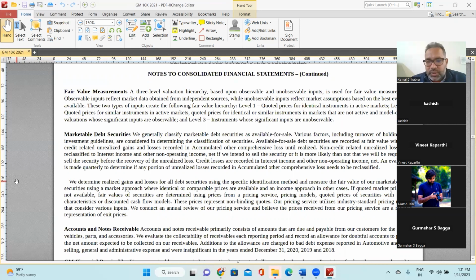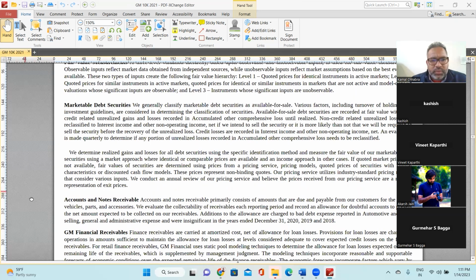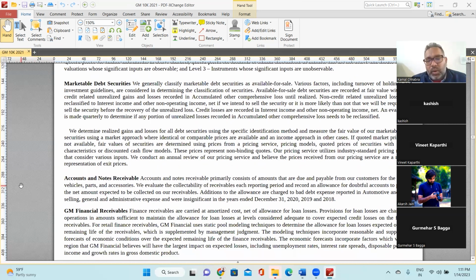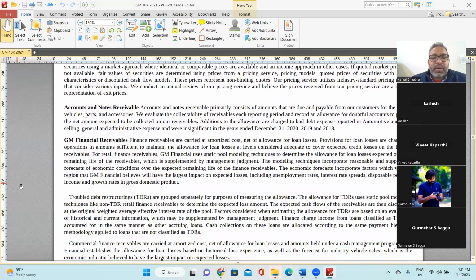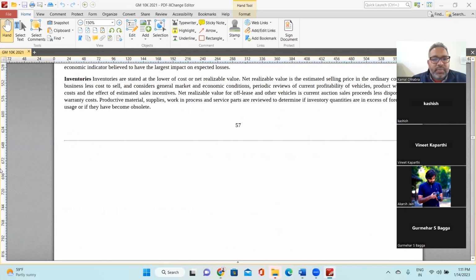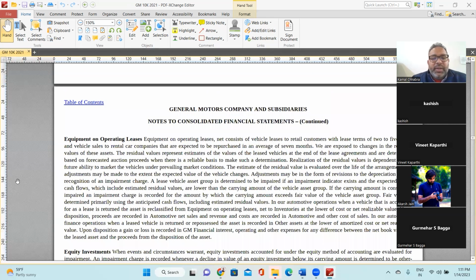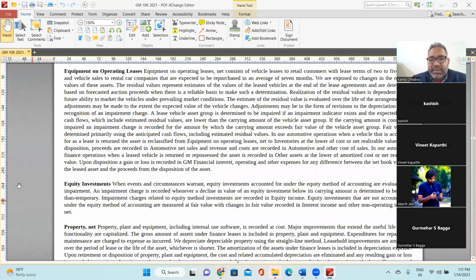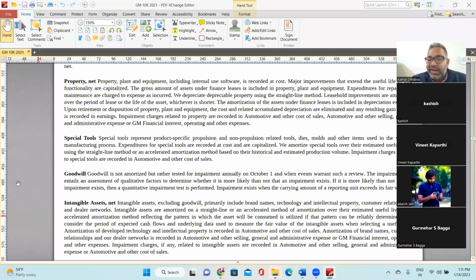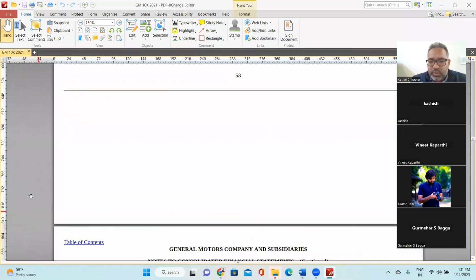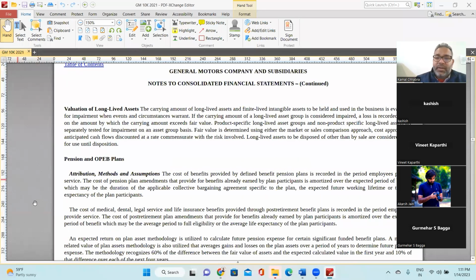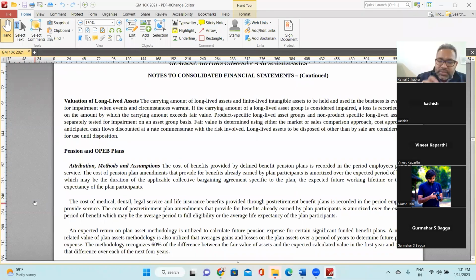Observable inputs, unobservable inputs, all those things. How they have accounted for marketable debt securities, receivables, financial receivables, inventories, right? Equipment and operating lease, equity investment, property, plant and equipment, goodwill, intangibles. You need to disclose all this information in your financial statement, and these are part of notes to accounts.